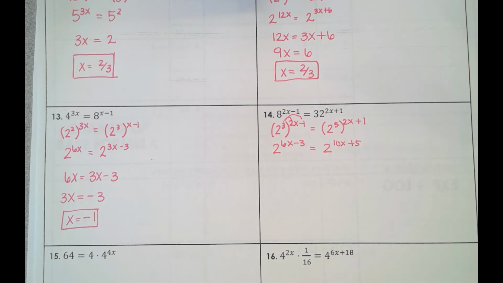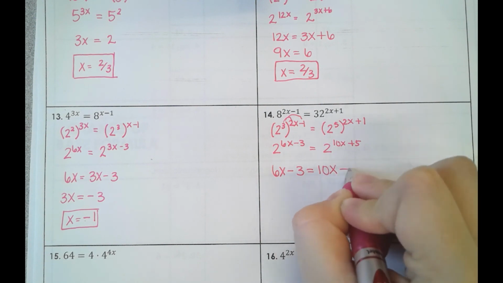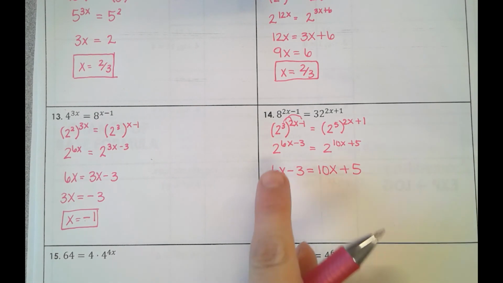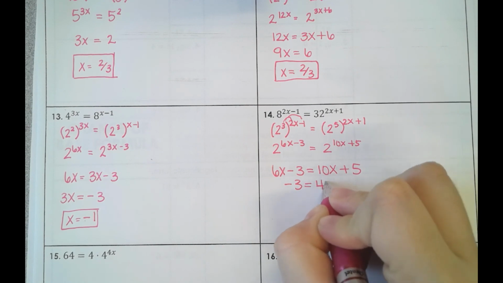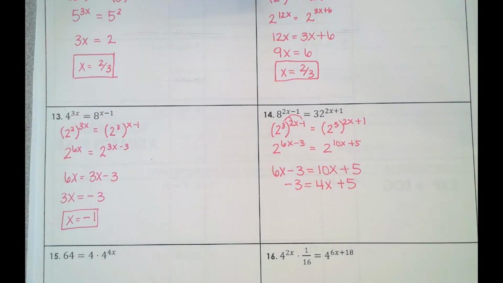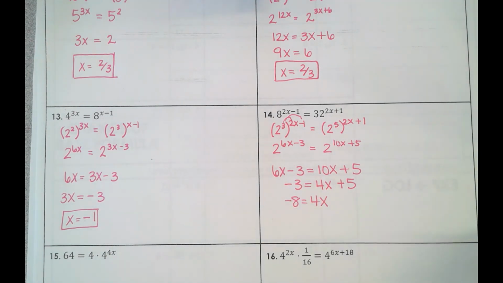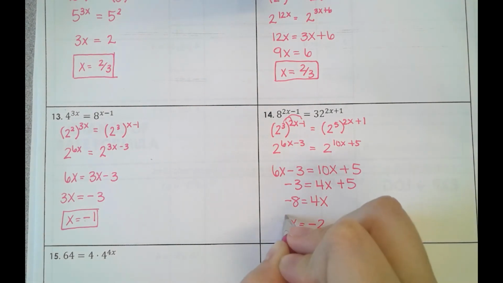I get 6x minus 3 as one of the exponents and 10x plus 5 as the other. Subtracting 6x gives me negative 3 equals 4x plus 5. And then subtracting 5, negative 8 equals 4x. And then dividing by 4, x equals negative 2.